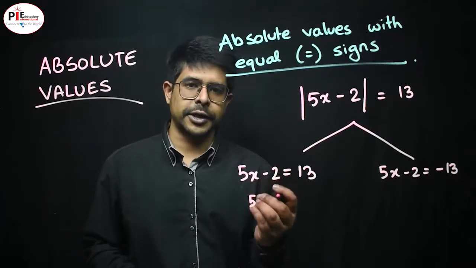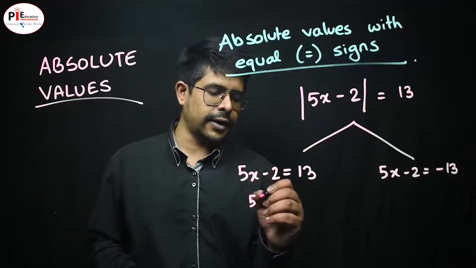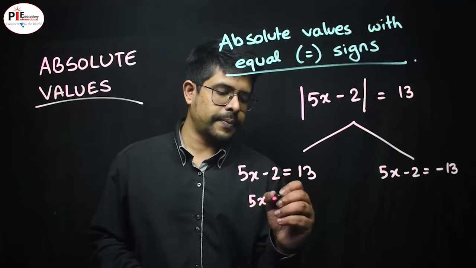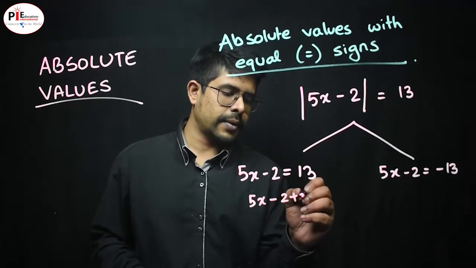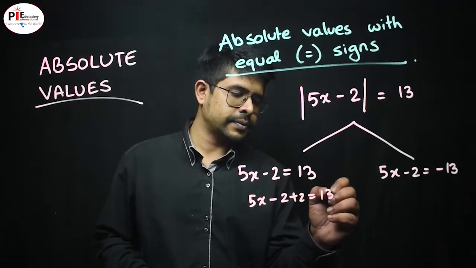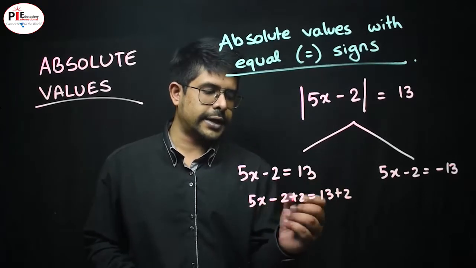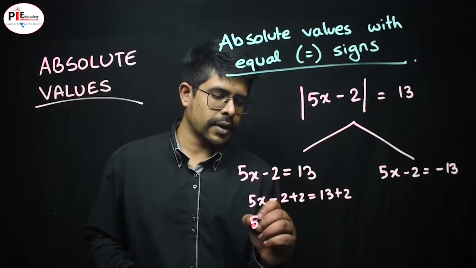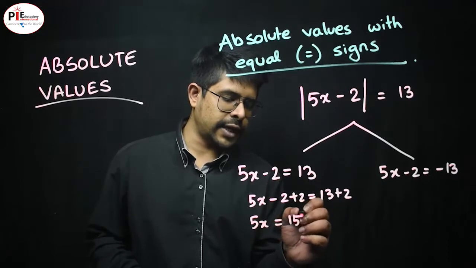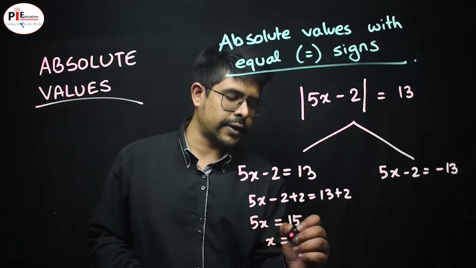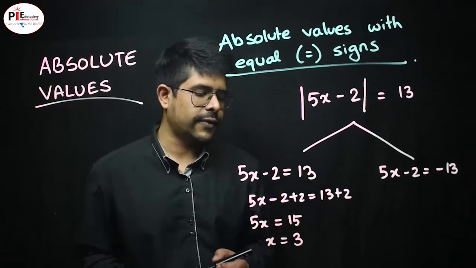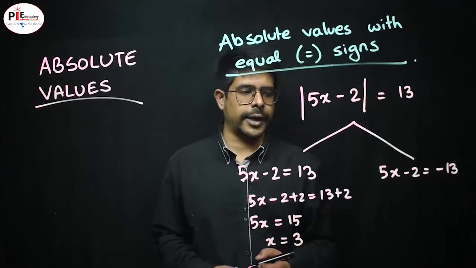If we want to solve for x, adding 2 on both sides would give us 15, and that would give us the value x equals 3.